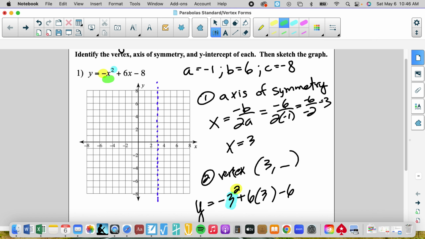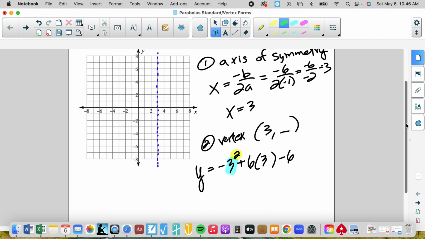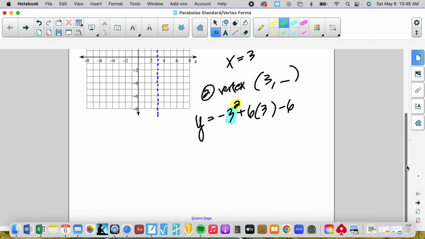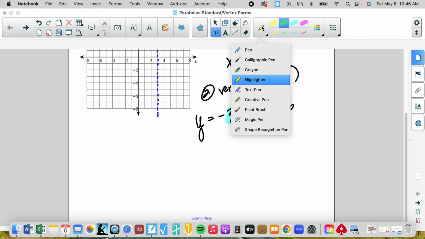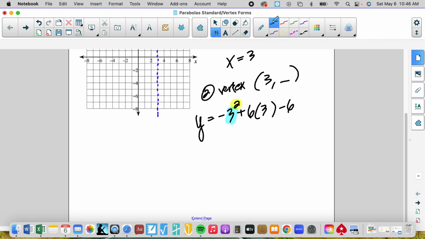So we're squaring x and then we're taking the opposite value. Totally different from the quantity of -3. So we're going to square 3, which is 9, and then we're going to take the opposite. So we bring down that negative, we square 3. 6 times 3 is 18 minus 8. That's going to give me 9 minus 8, which gives me 1.